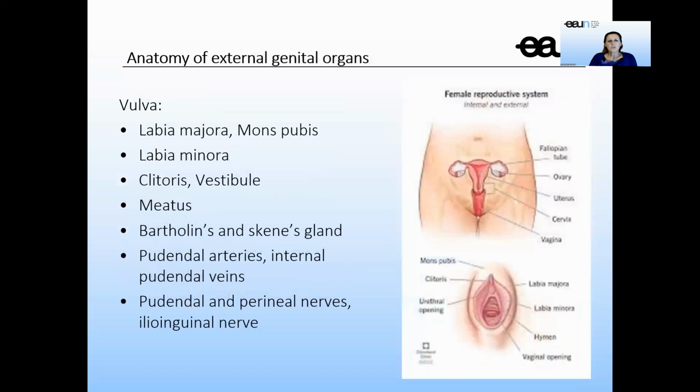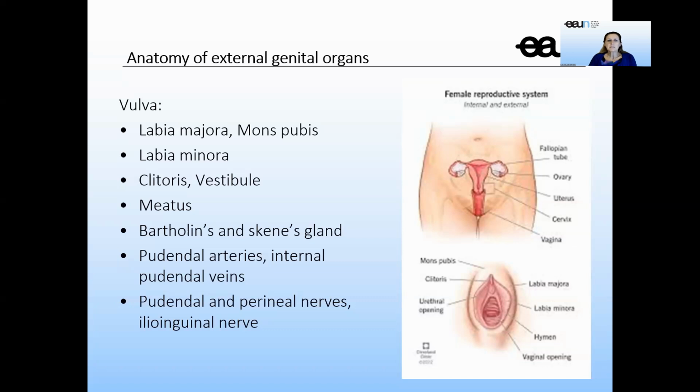When you come to the outer side of the external genital organs, then you see the vulva with the labia majora and the labia minora. And the mons pubis, as it's called, that's this part where the clitoris is also located, and where the meatus of the urethra can also be found.